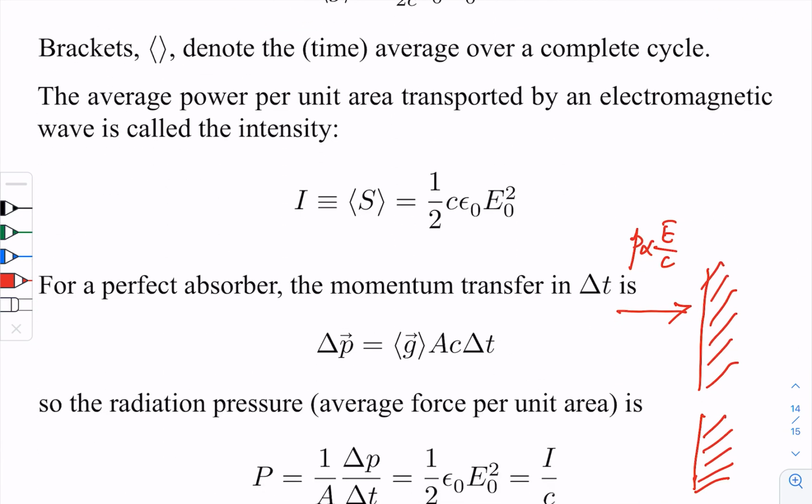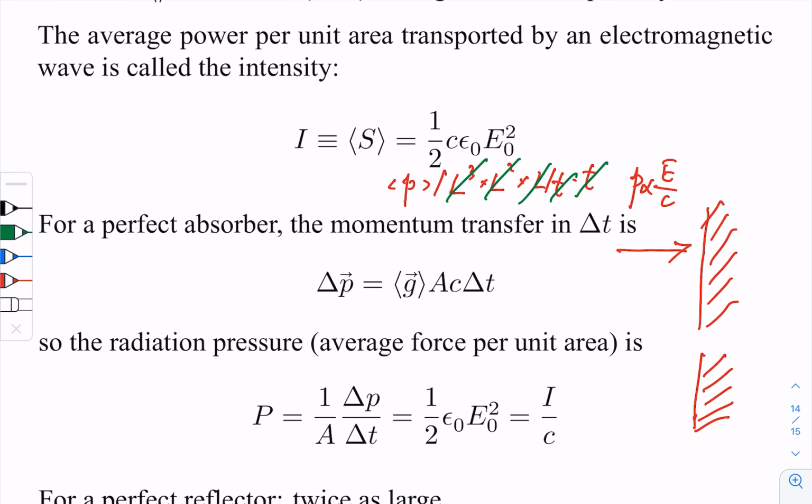Now I multiply by length squared, the area, and multiply by the speed of light, and then I multiply by t. So you see that the t cancels, and the length cubed cancels with the area and the length. So you see that indeed delta p has the unit of momentum.